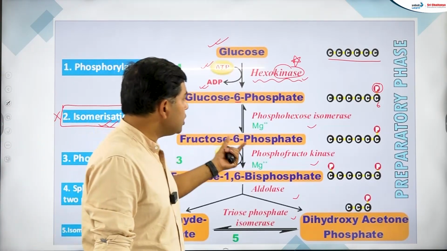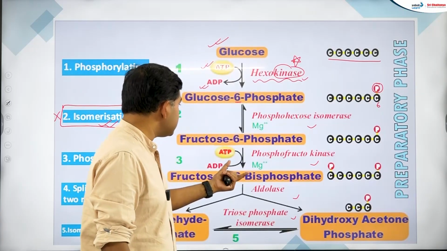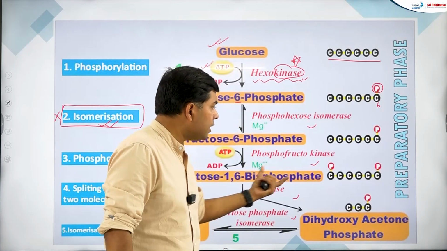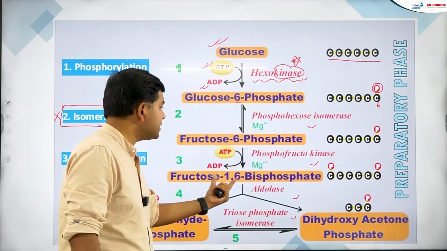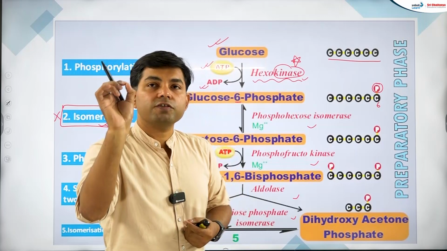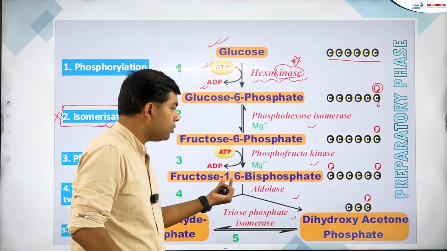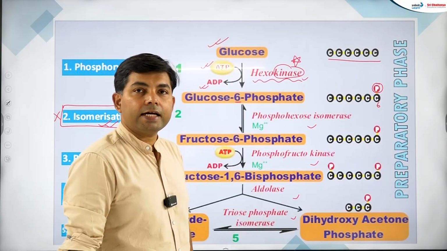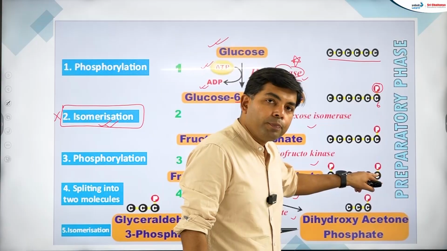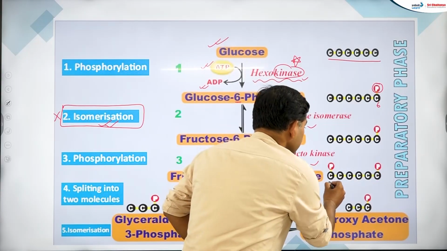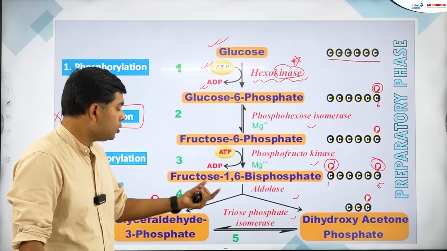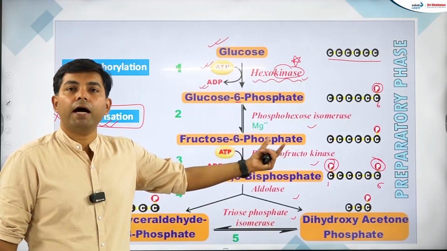Now moving on to the third step. In this third step, fructose 6 phosphate, which has one phosphate, gets converted into fructose 1,6 biphosphate. This 1,6 represents the positions of the phosphates, means one phosphate is at the first carbon and another phosphate is at the 6th carbon.